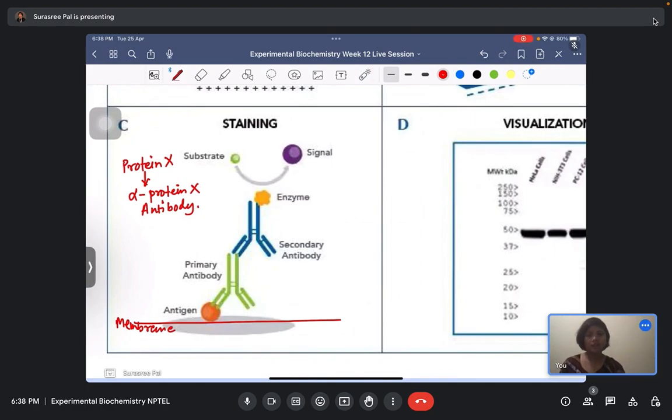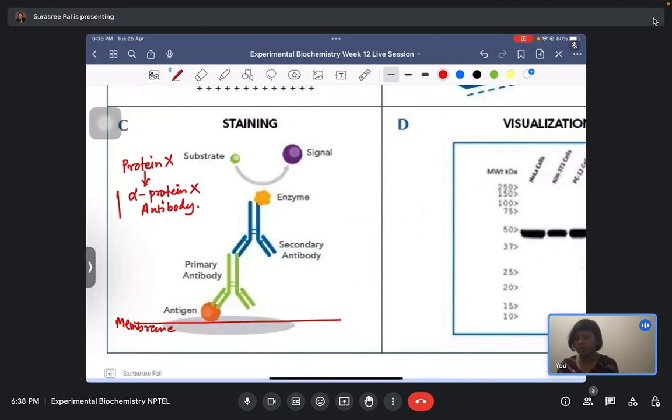That is a separate technique, where we have to inject the protein X into an organism, which is usually a mouse or rabbit, and then we have to collect the serum of this organism, the mouse or the rabbit, and then from the serum we can get this anti-protein X antibody.